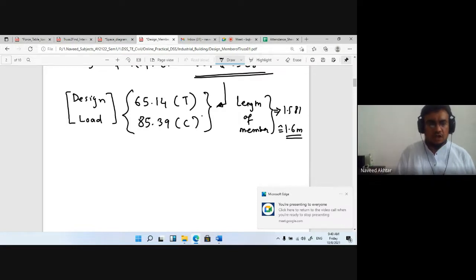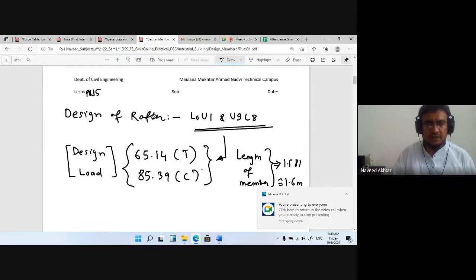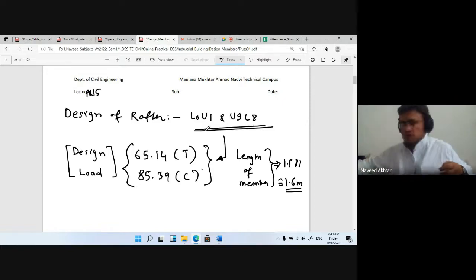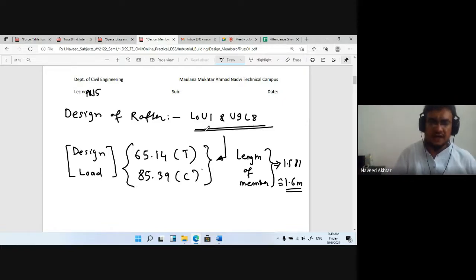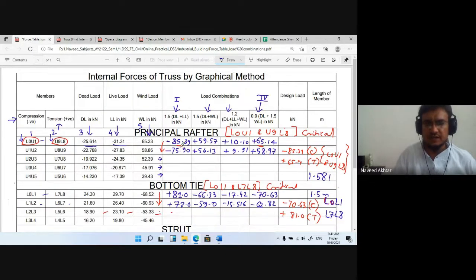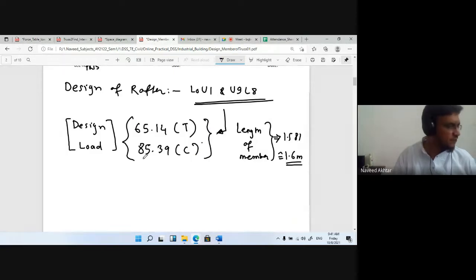You know that for the design of the rafter member, the worst load is coming on the member L0 U1 and U9 L10. In tension it is 65.14. From your force table, you have drawn this already, and the worst combination of load you have calculated. I am retelling you.